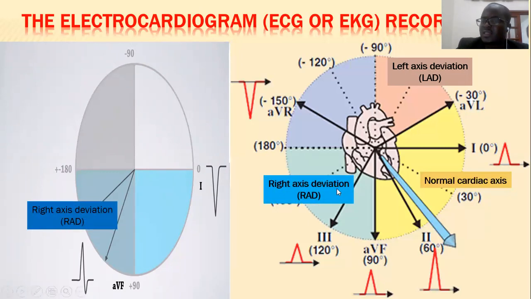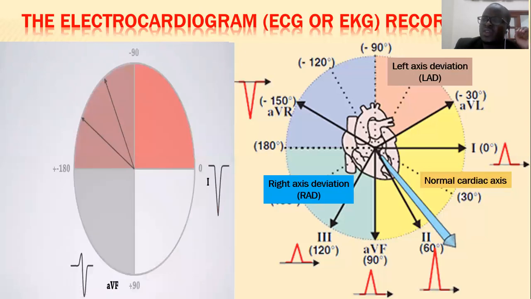Right axis deviation. Then again, if you check your lead 1 and it's negative, and your AVF is also negative, it means that the vectors will be on the other side. When you want to know where the cardiac axis will be, it's the intersection between lead 1 and AVF.